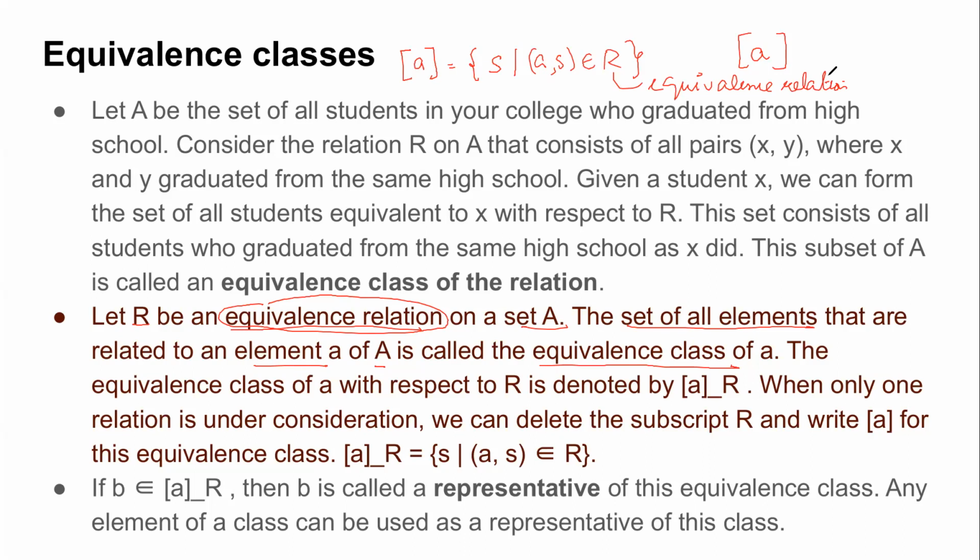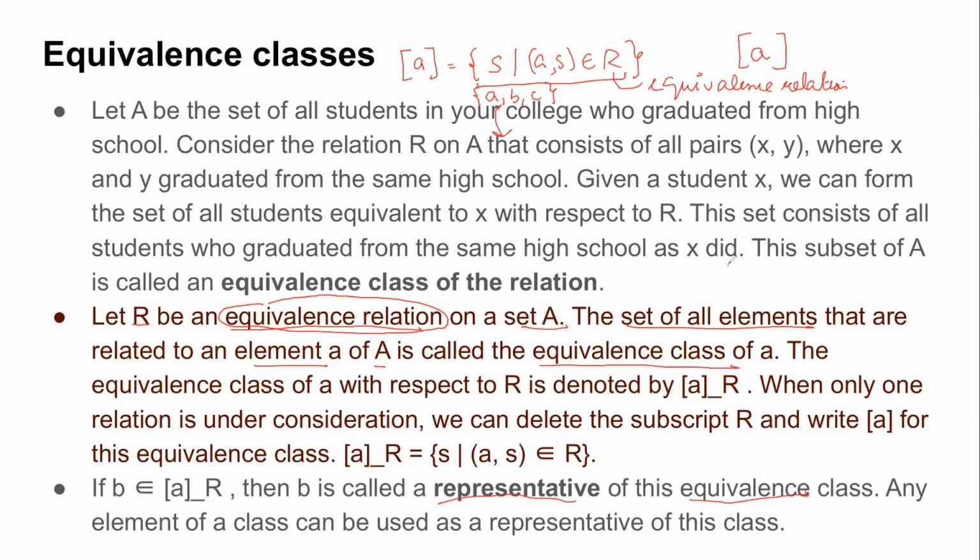So what is the equivalence class with respect to element a? The equivalence class with respect to element a is the set of all the elements s such that there is a pair (a, s), that is, they are related via the relation R. So this is some set. Just to give you an example, suppose the set was {a, b, c}. If you pick any element from this set, that element is known as a representative of this equivalence class.